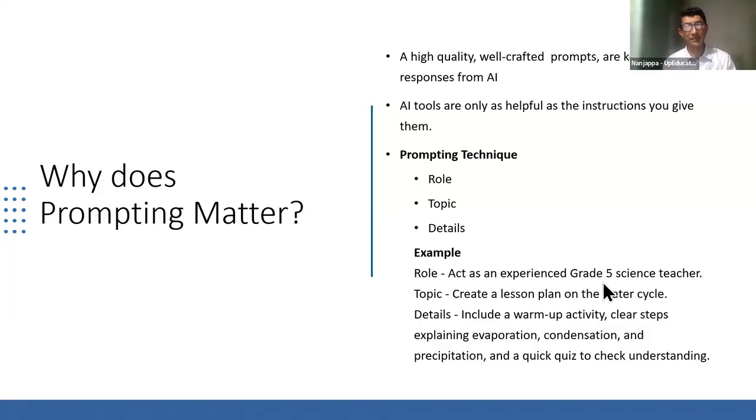Act as an experienced grade 5 science teacher. Topic, create a lesson plan on the water cycle. Then you give in the details: include a warm-up activity, clear steps explaining evaporation, condensation, precipitation, and also a quick quiz to check the understanding. Okay, this will give you a totally different output.